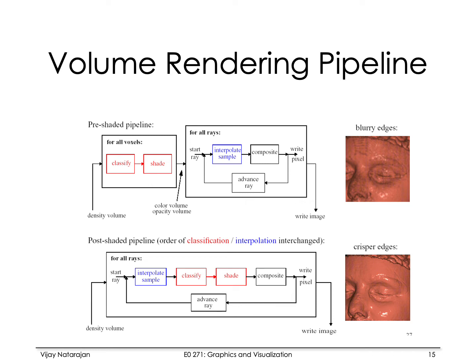We will talk about two variants, the pre-shaded and the post-shaded pipeline. In a pre-shaded pipeline, the data is classified first using the transfer function into a color volume. Now this color volume is processed using a raycasting algorithm where we cast a collection of rays, one passing through each pixel on the image.